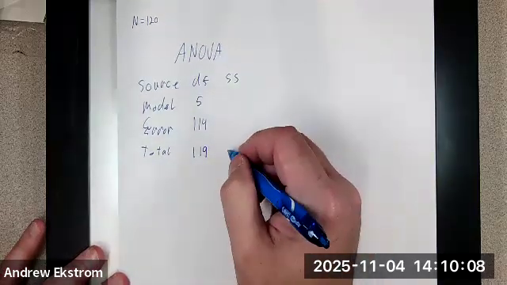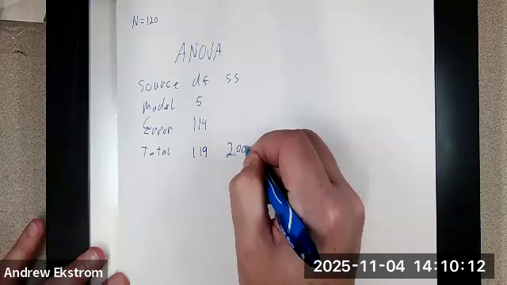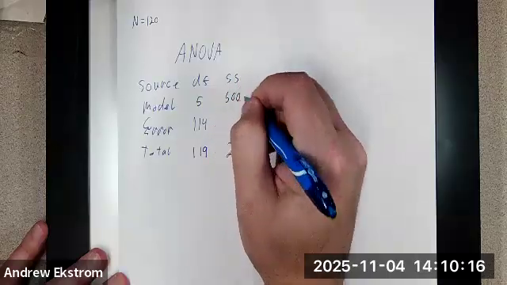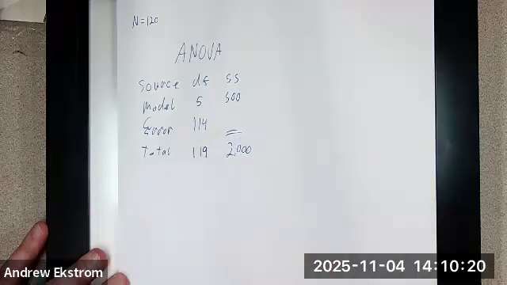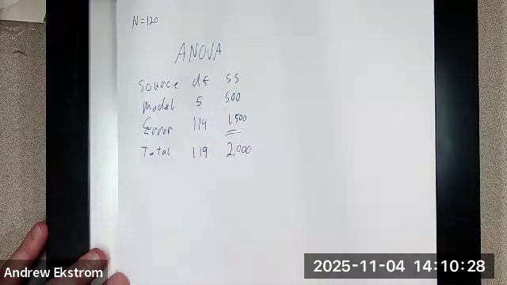And I don't know what the sum of squares is going to be, but let's say the total is going to be about 2000 here, and let's say it's like 500 up here. As a reminder, you're going to have to figure out what goes in the middle there. So 2000 minus 500, 1500, something like that.